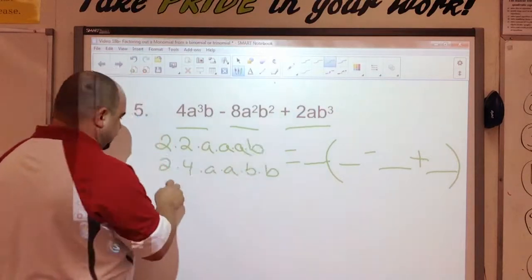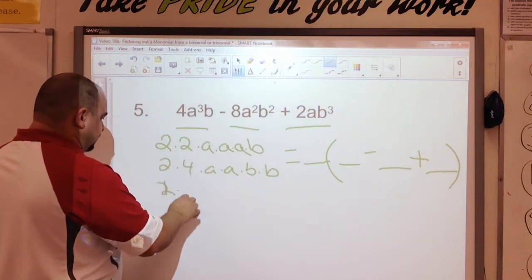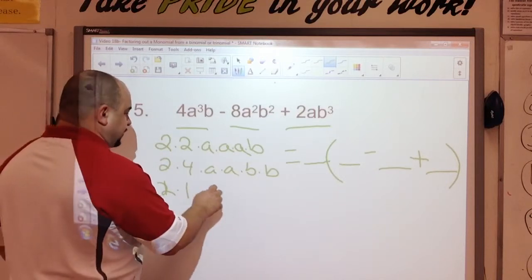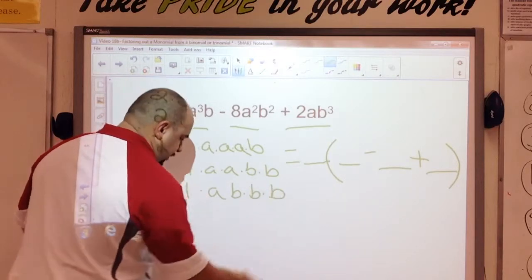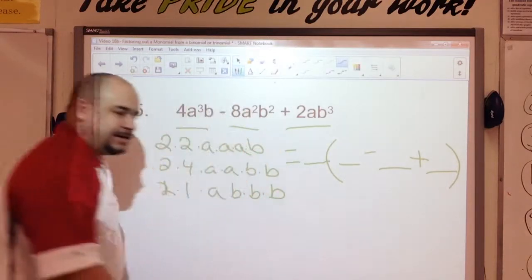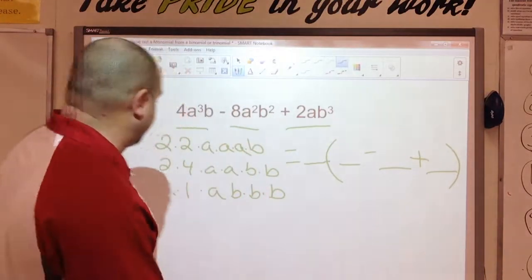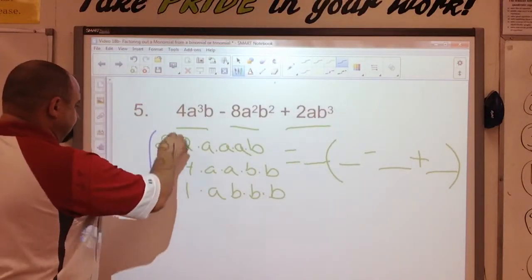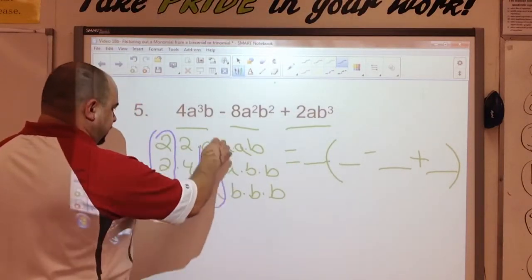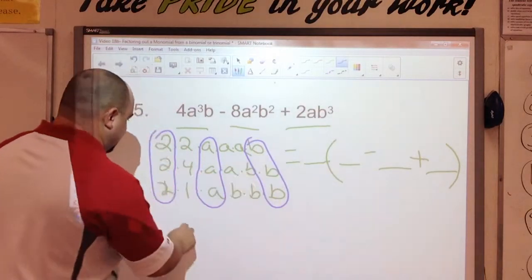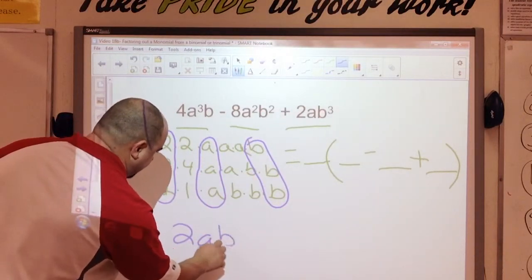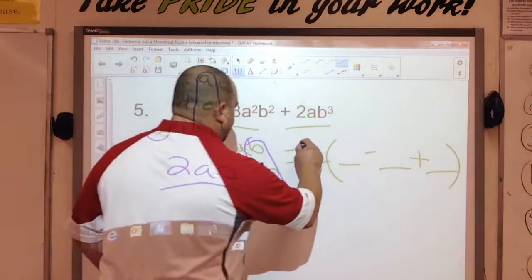And then I have 2, which is 2 times 1 times a and 3 b's. Now let's circle what's in all 3 of them. I have a 2 here, an a here, and a b here. So I have 2ab, that's my GCF, so I'll put that here.